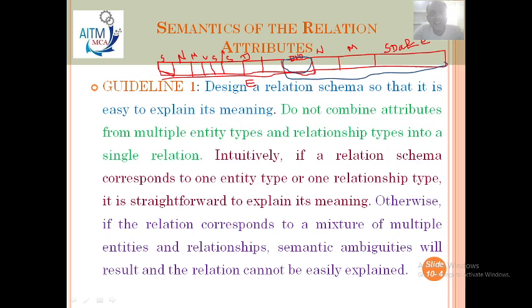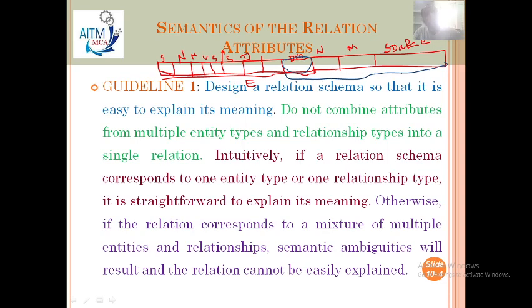If you combine these two tables, what happens? If you combine the employee table and this, see here now, first employee, his name is this, middle name is this, and so on. He is working in department number 1, the department name is this, the manager is this, then the start date is this.